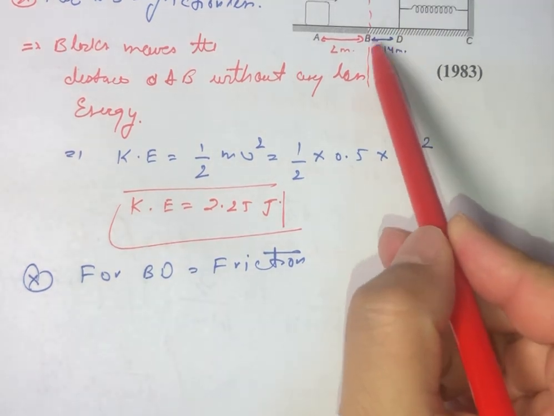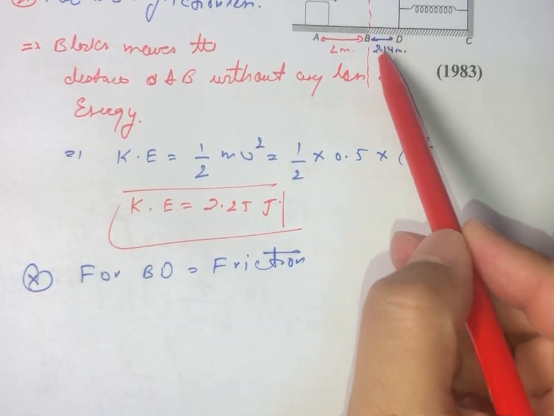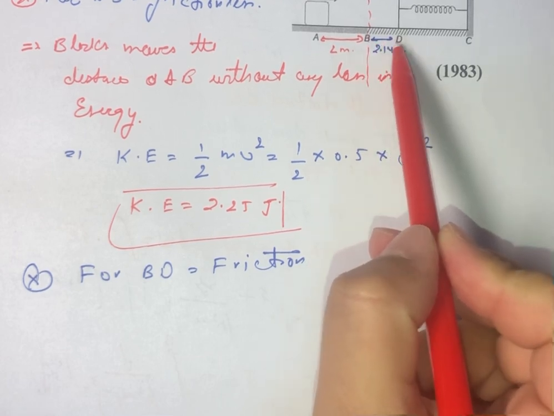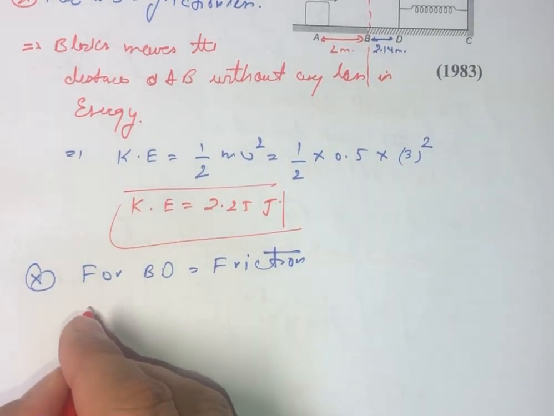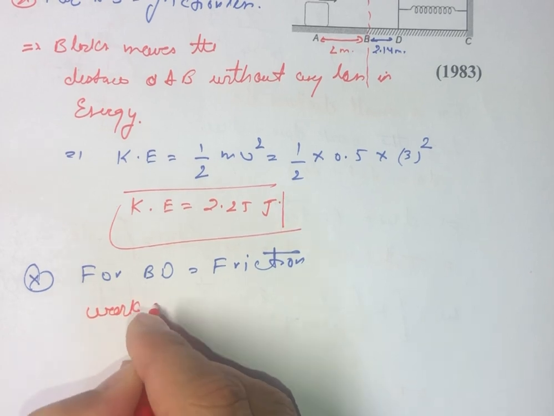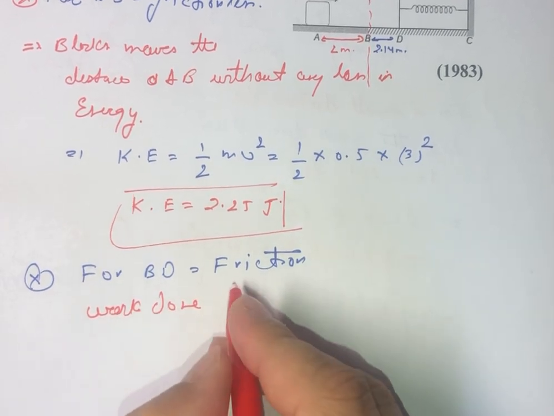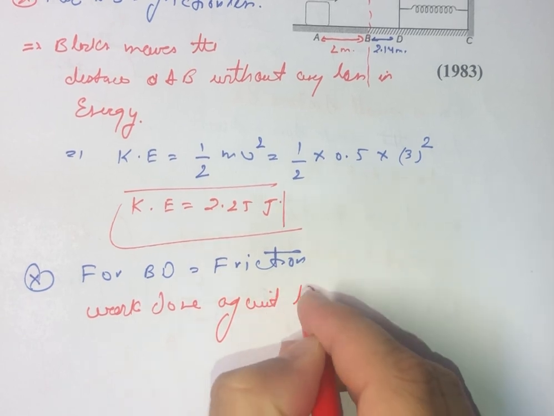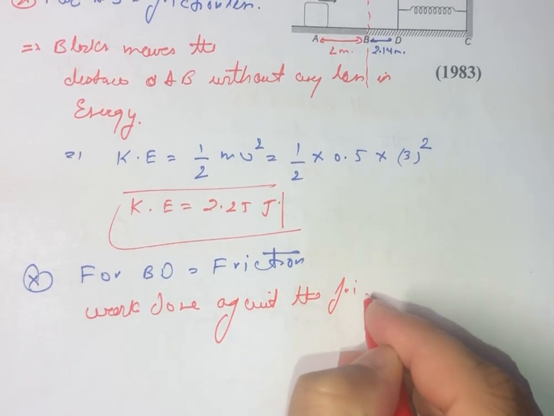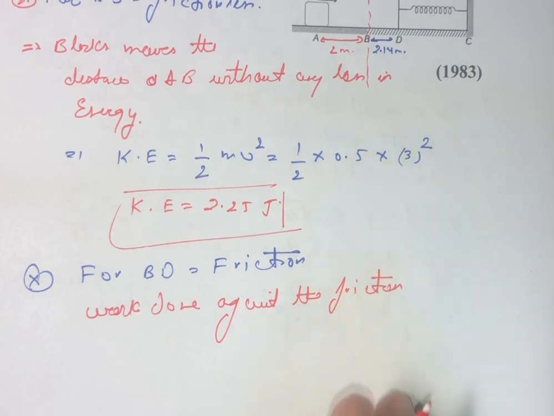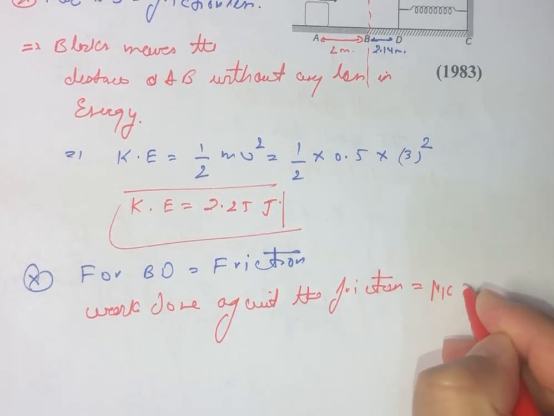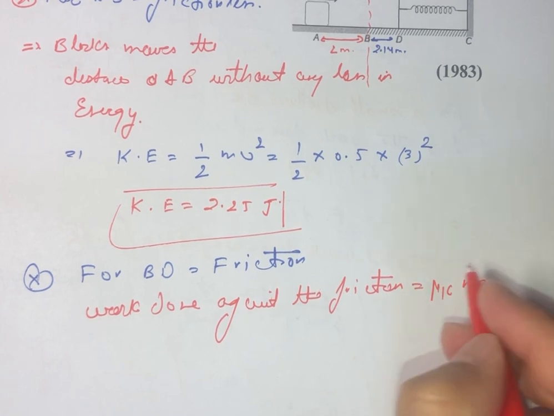Basically, we are going to find the amount of energy consumed in traveling the distance from B to D. Work done against the friction is equal to the kinetic friction coefficient times mass, g, and distance traveled.